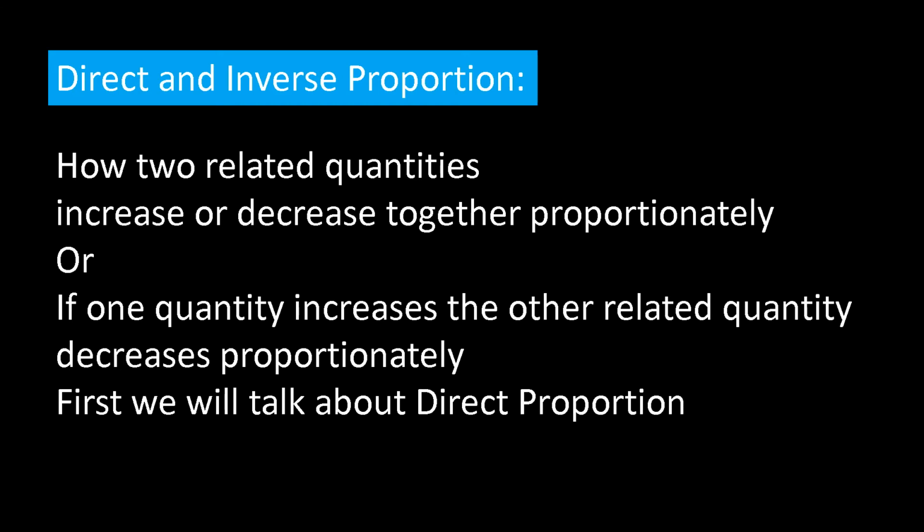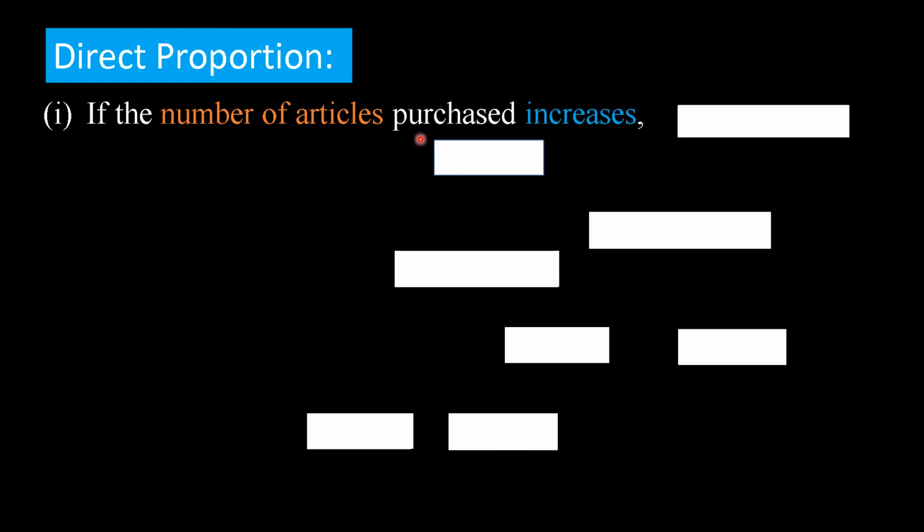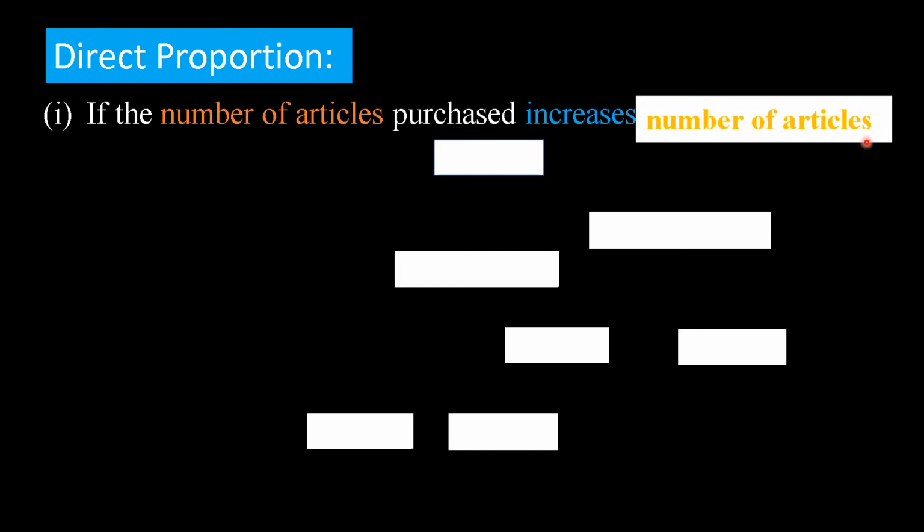First, we will talk about direct proportion. To understand direct proportion, we will consider two examples. Number one, if the number of articles purchased increases, their total cost also increases.